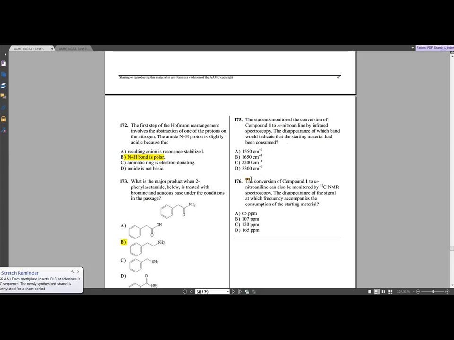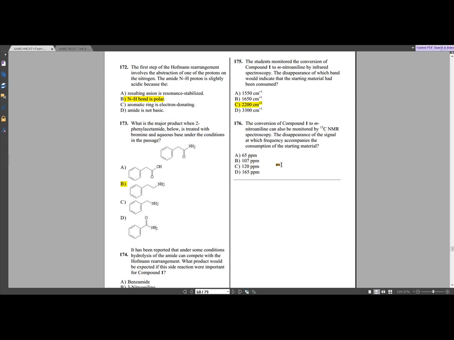Which of these is amide? 1650, I think, so probably then it's not nitro. Maybe that is an amide. 1, 2, M, the same thing. Monitored by NMR.